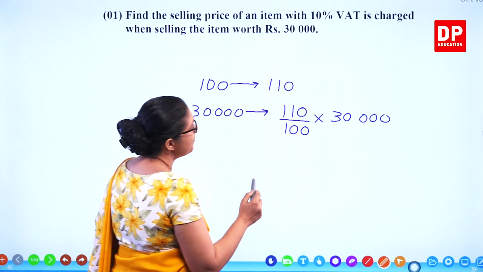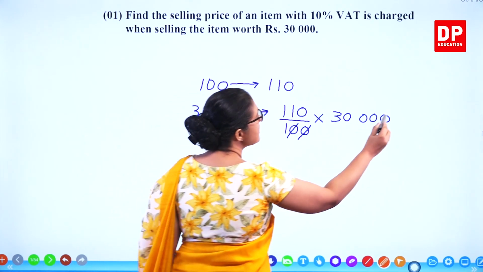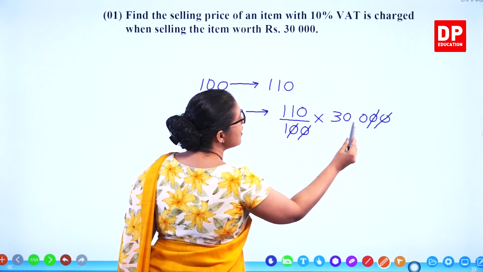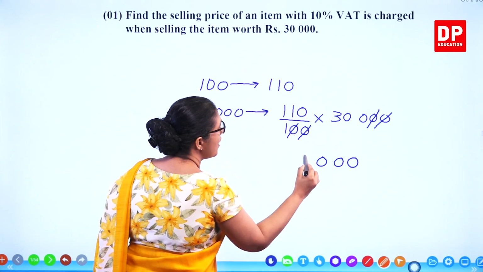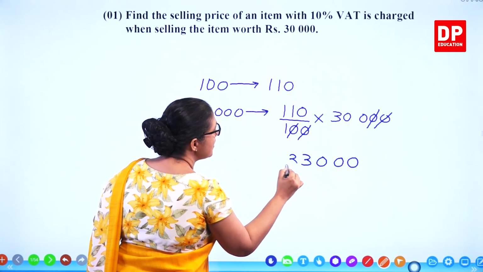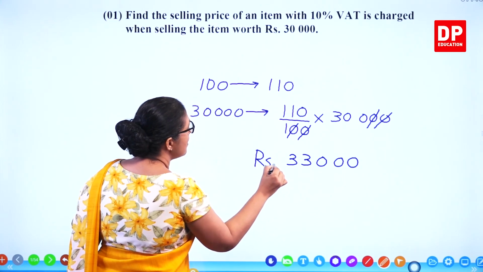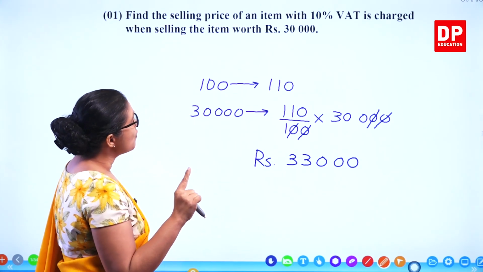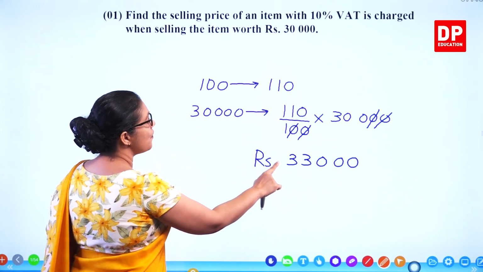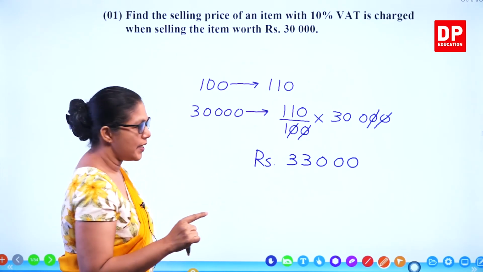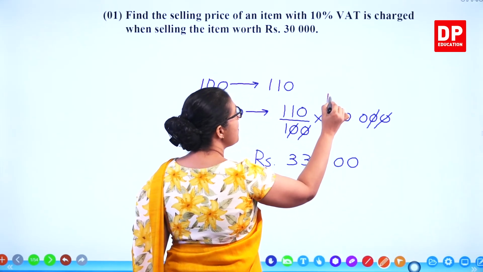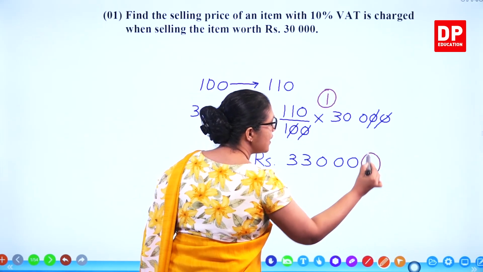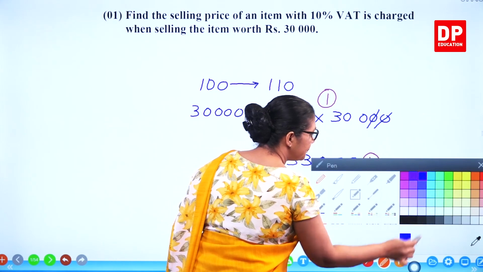Now simplify. 2 zeros get cancelled out and you get 3 zeros, and 3 times 11 is 33. So the price after the VAT is 33,000 rupees. You get 2 marks here, 1 mark for the method and 1 mark for the final answer.